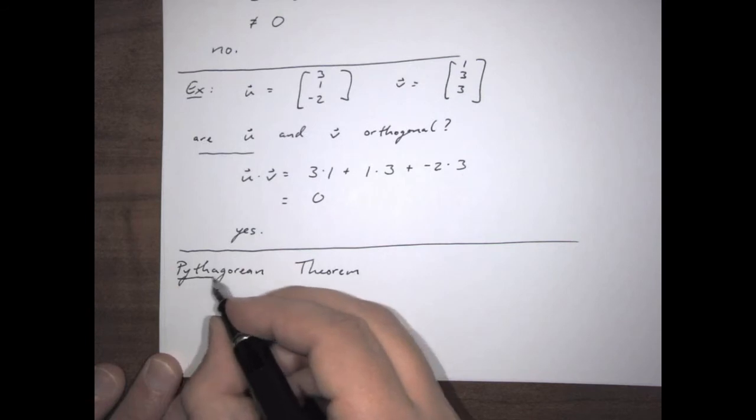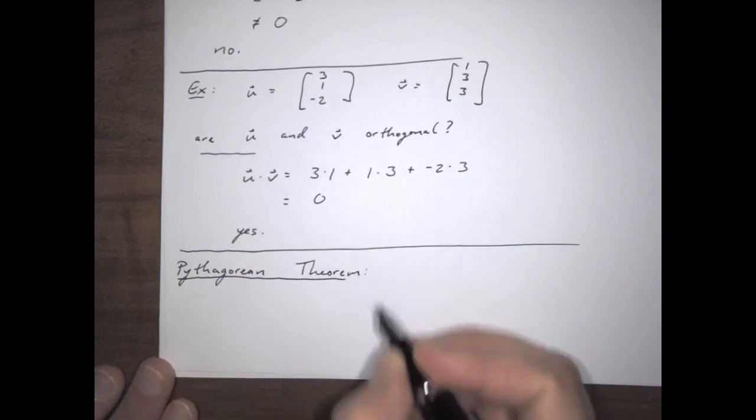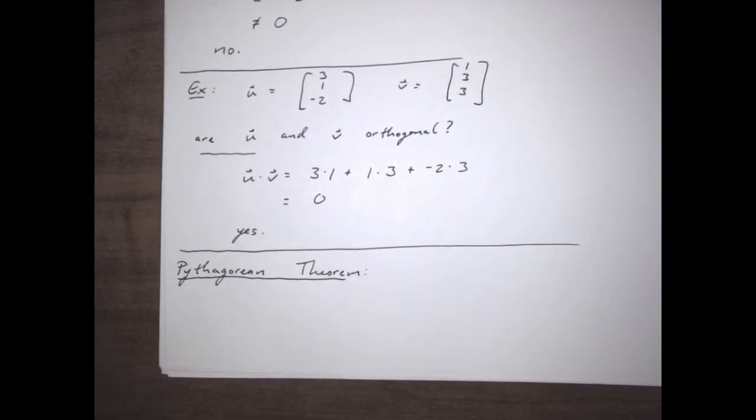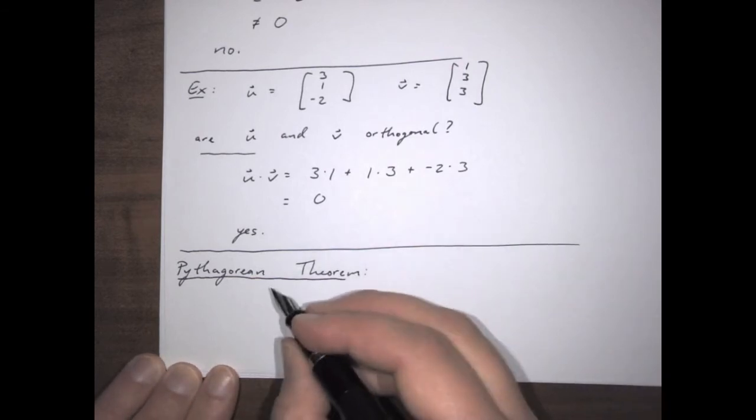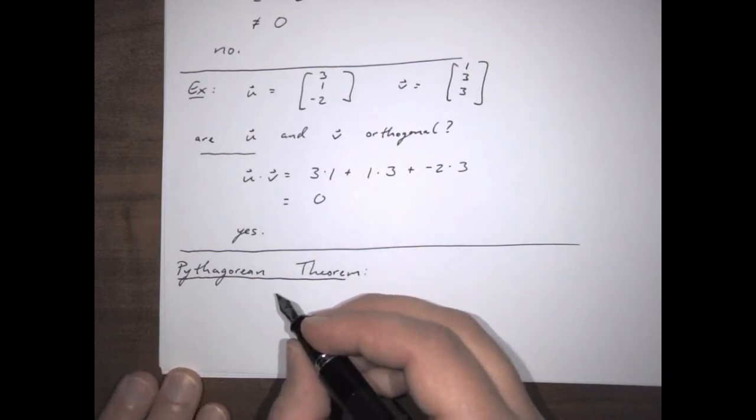We all know and love the Pythagorean theorem in its classic geometric formulation, which has to do with the sides of a right triangle, and in particular the square of the hypotenuse is equal to the square of leg 1 plus the square of leg 2, usually phrased a squared plus b squared equals c squared. Well, here's what the vector version of this would be.